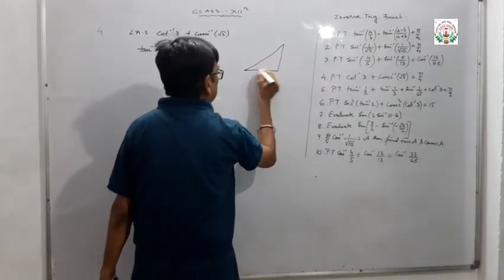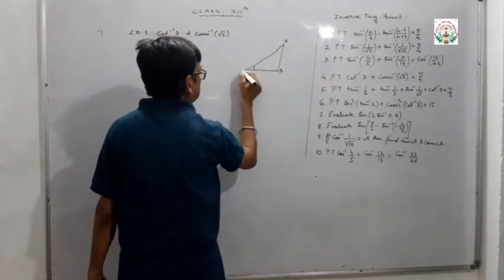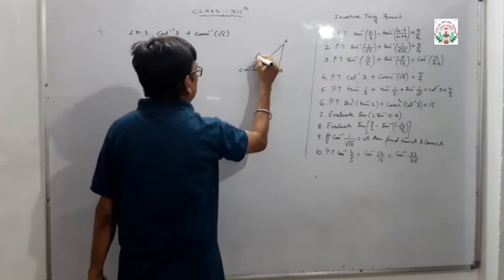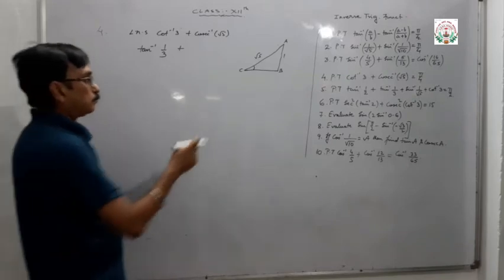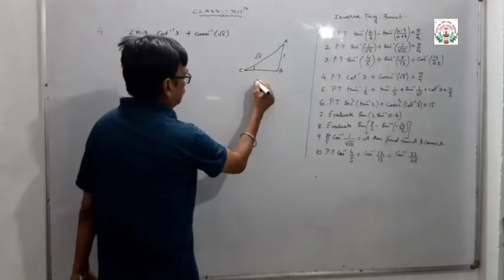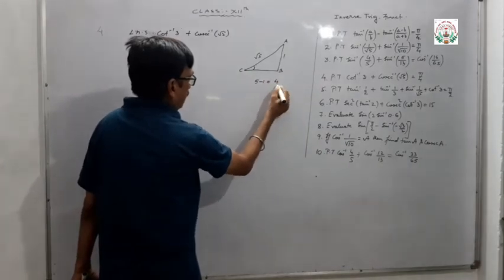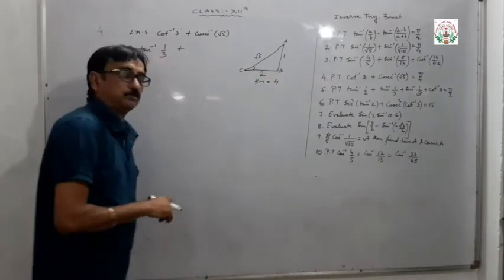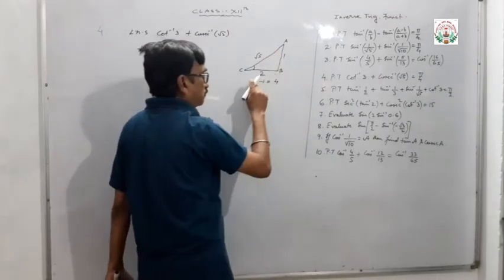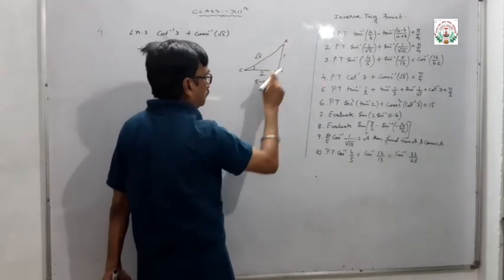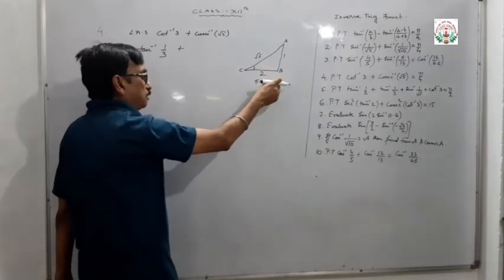You just draw a triangle, and cosec theta is hypotenuse by perpendicular, root 5 by 1. When we apply the Pythagoras theorem, hypotenuse squared, root 5 squared, is 5, minus perpendicular squared, 1 squared, that is 5 minus 1, 4, and the square root of 4 we get as 2, as the base.